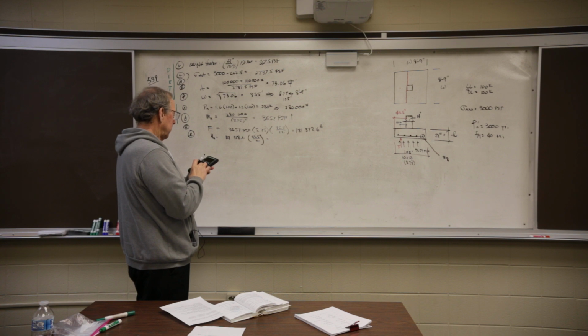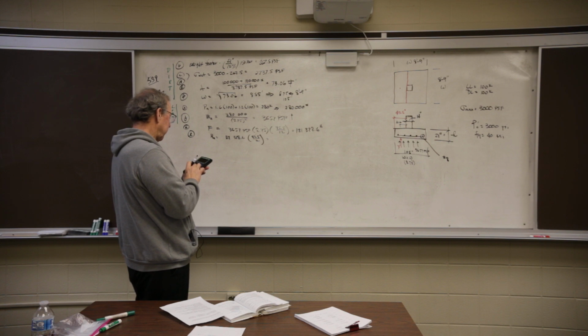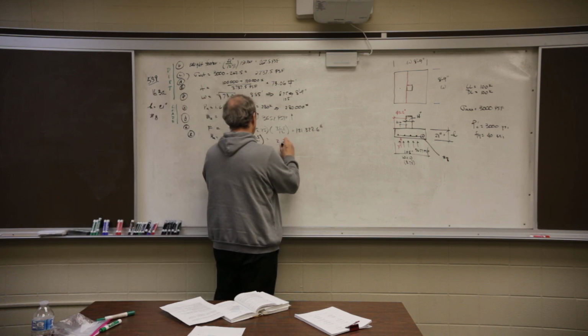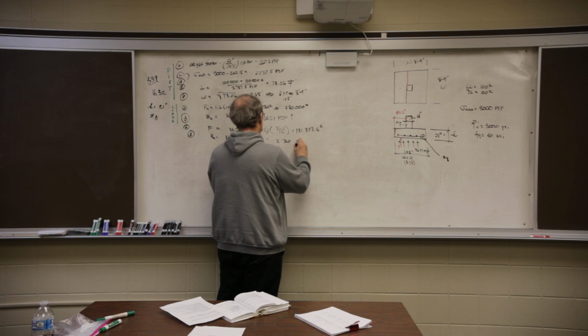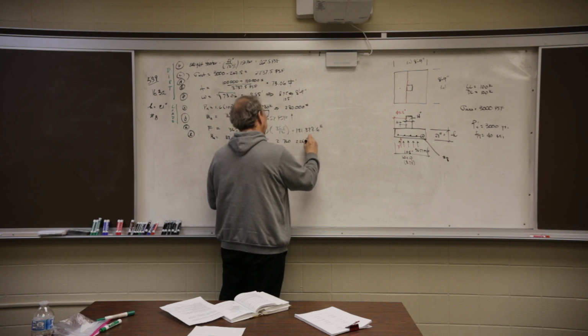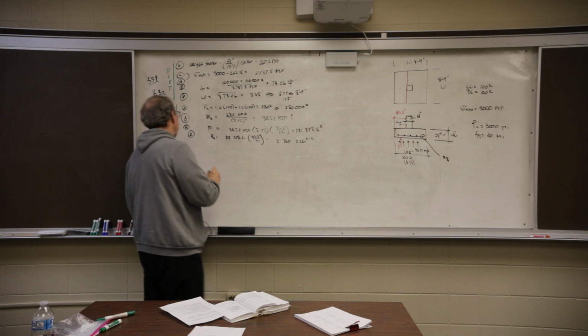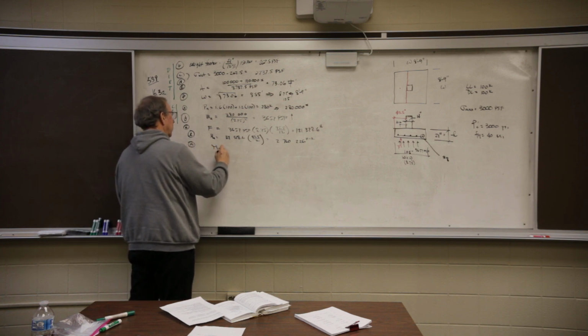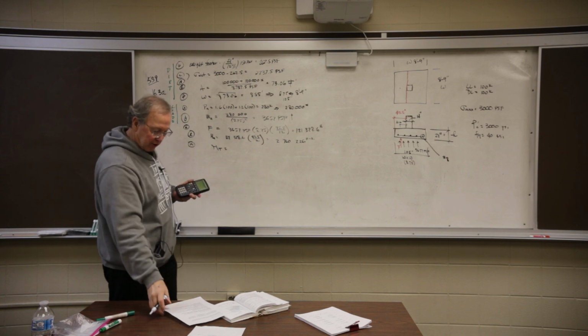So 121,328.6 times 45.5 divided by 2. Now I want to change it to a factored load with the resistance factor.